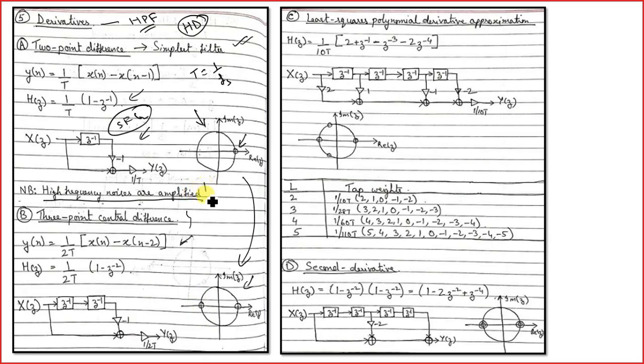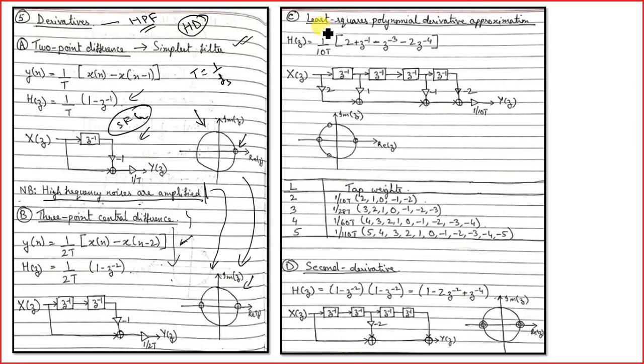So the problem that the high frequency noises were getting amplified can be negated due to the presence of this 0 in the second type of derivative filter, the 3-point central difference filter. Now in this case, you will see that this 3-point difference filter is acting as a band pass filter. Okay.